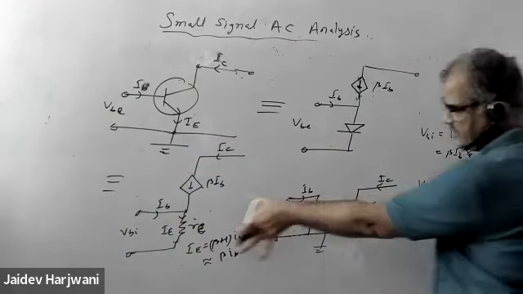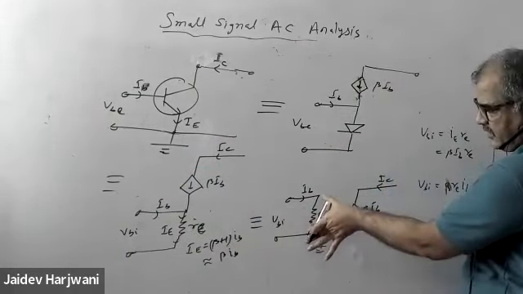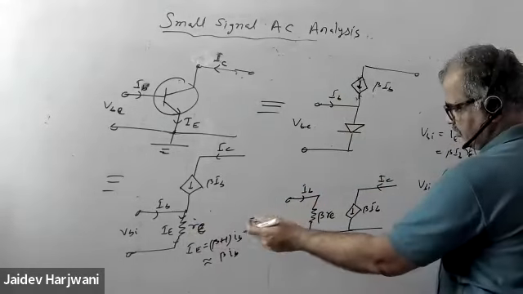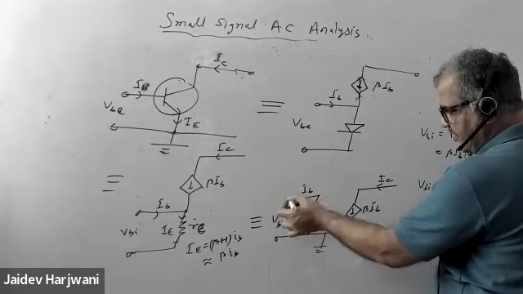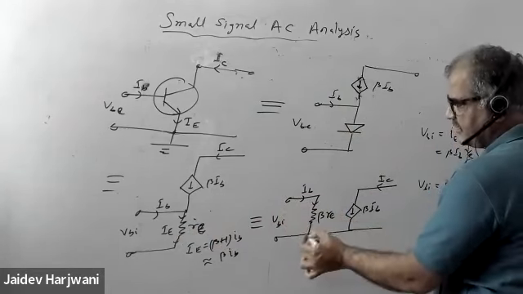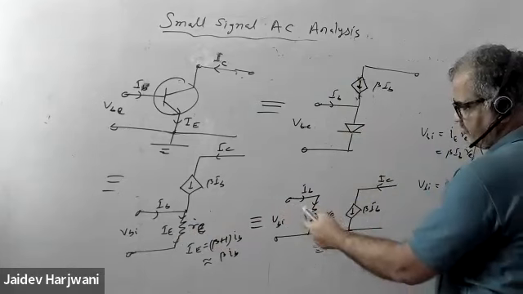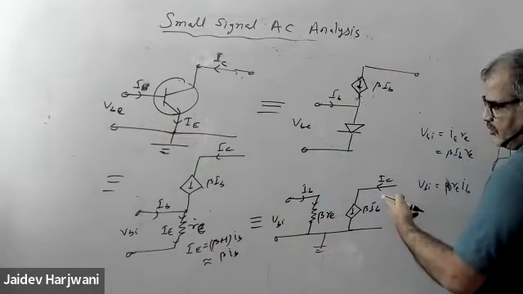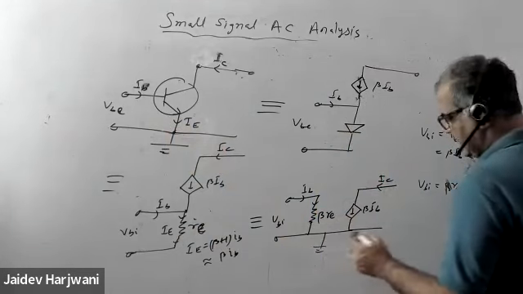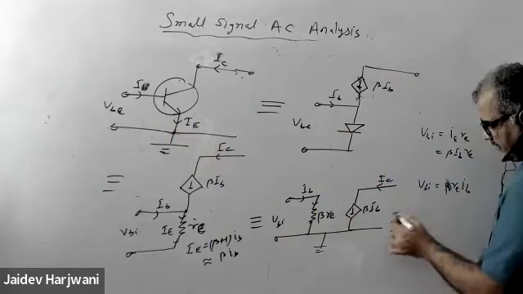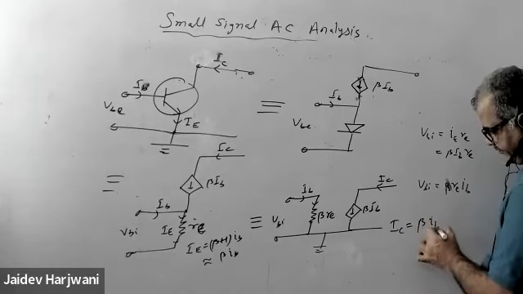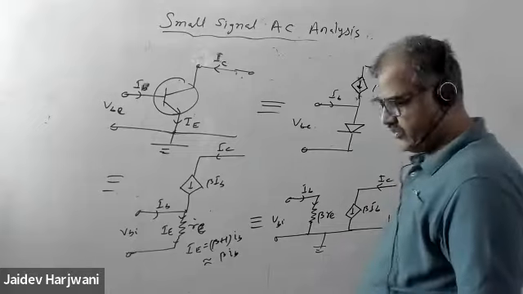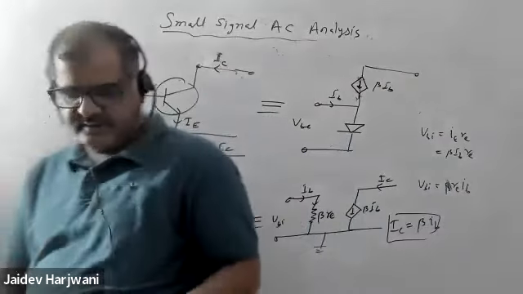Whatever voltage is here, the same voltage is here. I have just replaced this RE by beta RE, so that now I can say confidently this IB current is flowing here. Once I know this base current, automatically I know this output current IC, and here IC is related to IB with beta IB. So this is the equivalent model for your common emitter transistor.